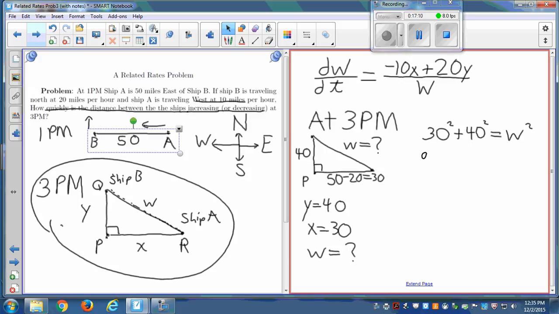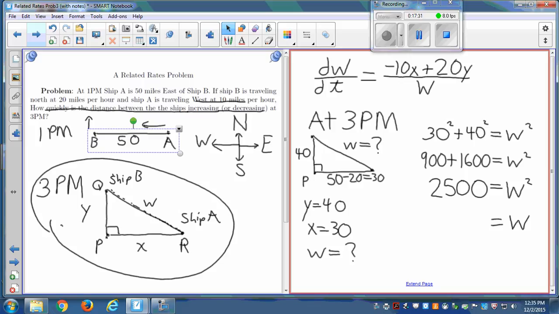So we get 900 plus 1600 equal to w squared. That gives me 2500 equal to w squared. Take the square root of both sides.